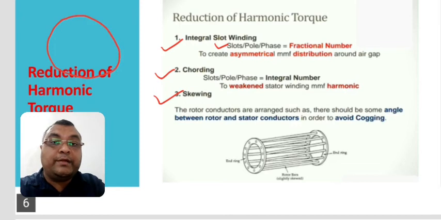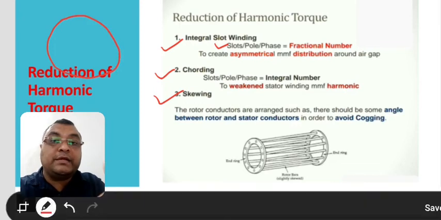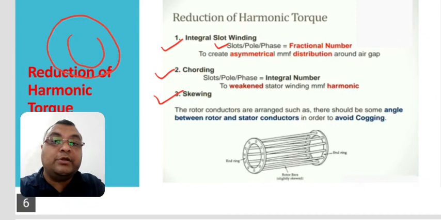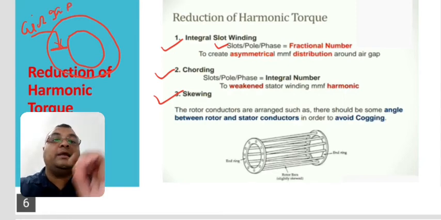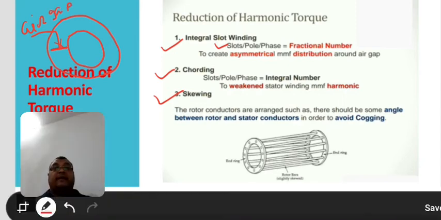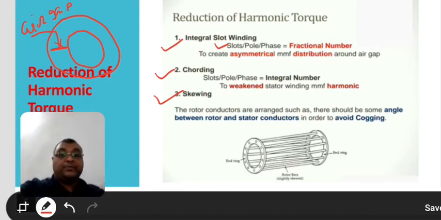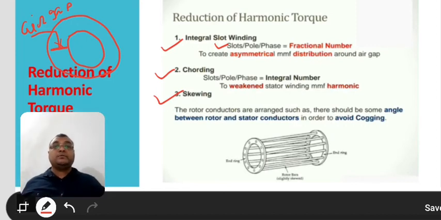If this is your stator and this is your rotor, the gap in between is known as the air gap. So you need to understand that there is an air gap between the stator and rotor.